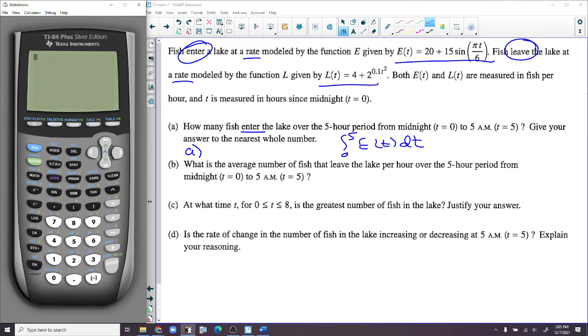So now if you go to the home screen, we can go math number 9, 0 to 5 of y1. Variables, y variables, y1. So you go to variables, y1 with respect to x, and you don't have to type in that formula again. You could if you wanted to. And it says to the nearest whole number, 153 fish.